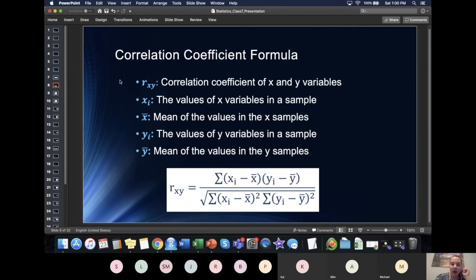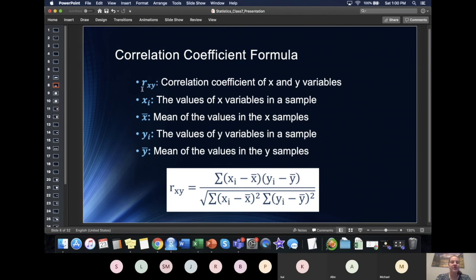So here we have r, x, and y. The symbol for correlation coefficient is r in almost every case. So r is equivalent to the correlation coefficient. These subscripts here are saying that it's the relationship between x and y variables.